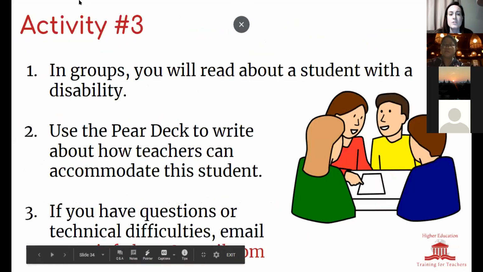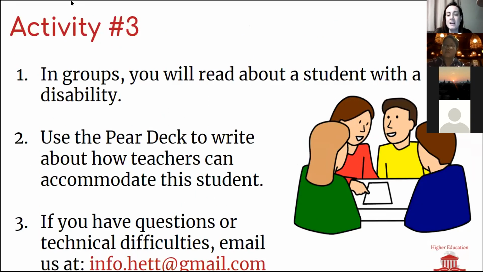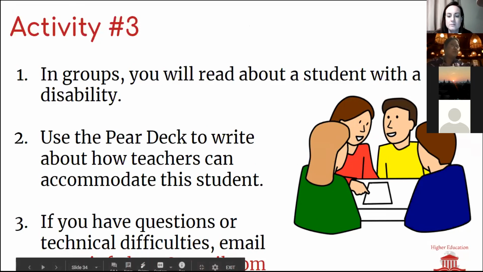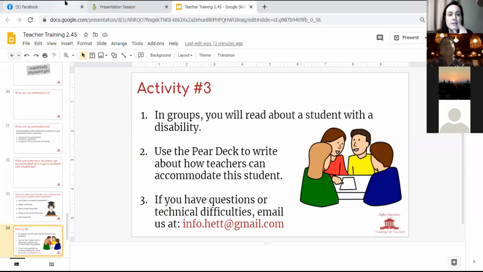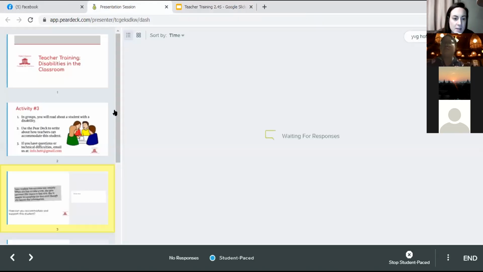Okay, in groups, you will read about a student with a disability. Use the Pear Deck to write about how teachers can accommodate this student. Think about how a teacher could help this student. There will be 3 different examples, I believe.